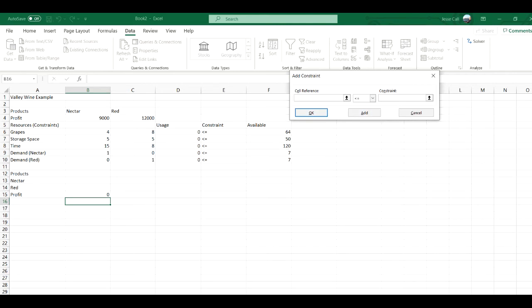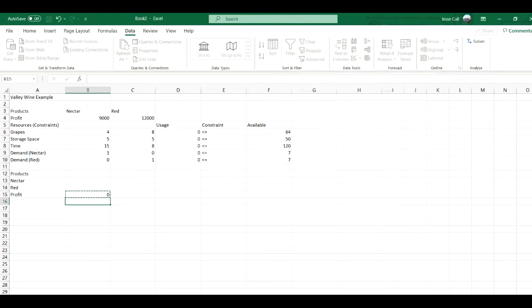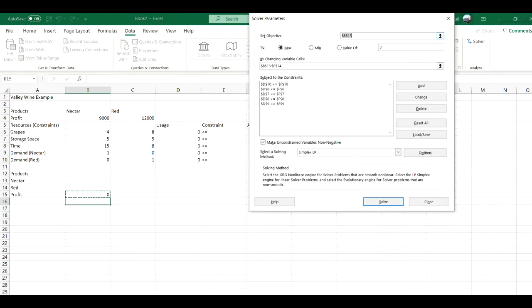The total demand must be less than or equal to the maximum demand, E9, F9. And finally, the total demand for red must be less than or equal to how much red is demanded.